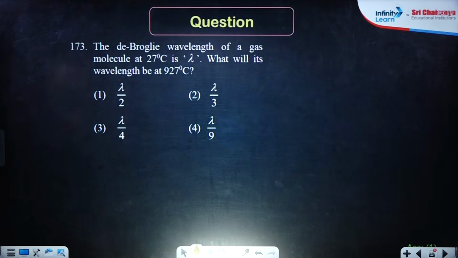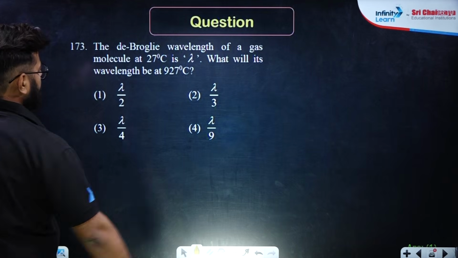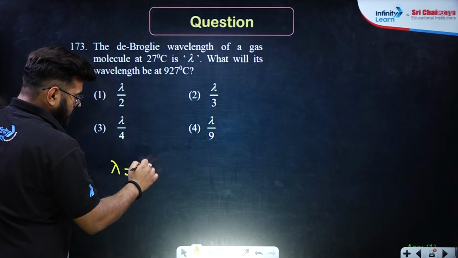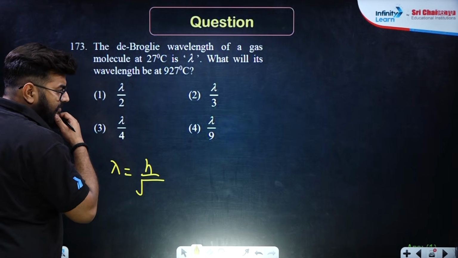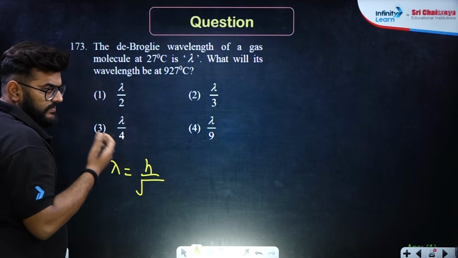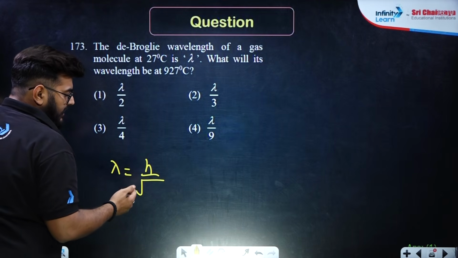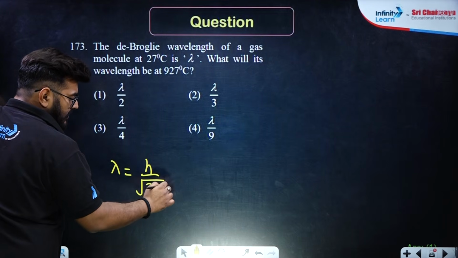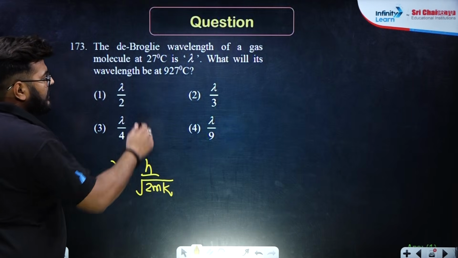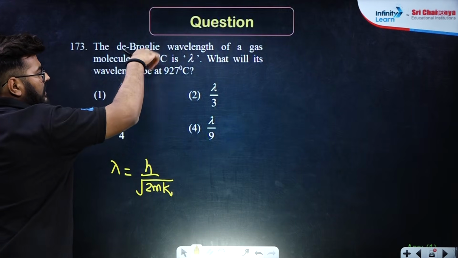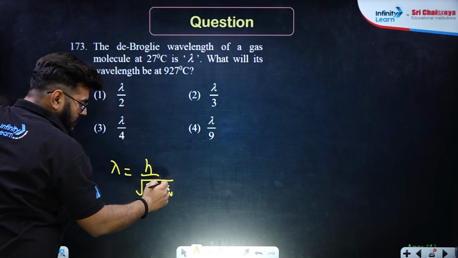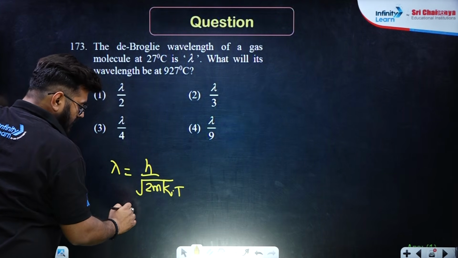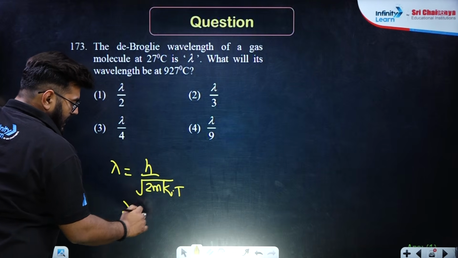Then the de Broglie wavelength of a gas molecule is at 27 degrees. Okay, so lambda equals h upon mv, and mv can be written in terms of kinetic energy as root 2mK, correct? And kinetic energy over here can be given as a parameter of temperature, some small k into T. All in all, nothing else is changing, only temperature is changing.